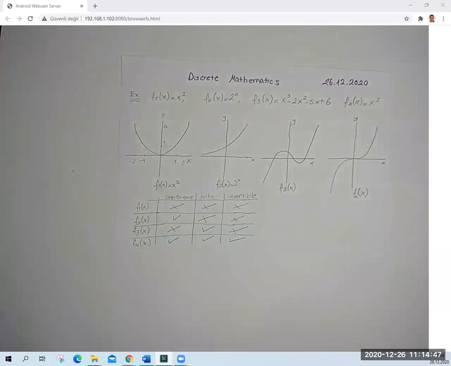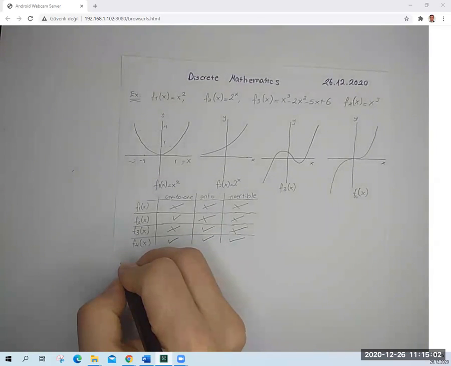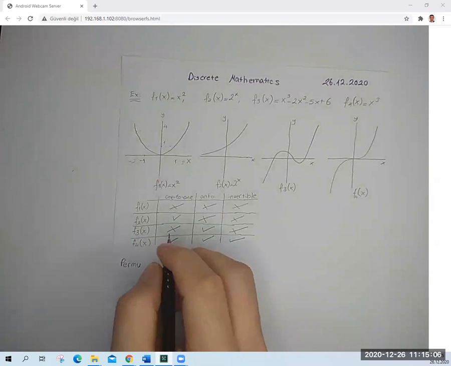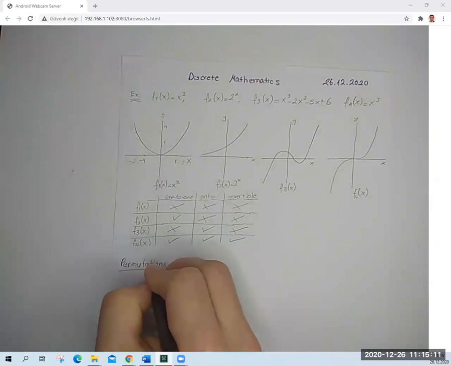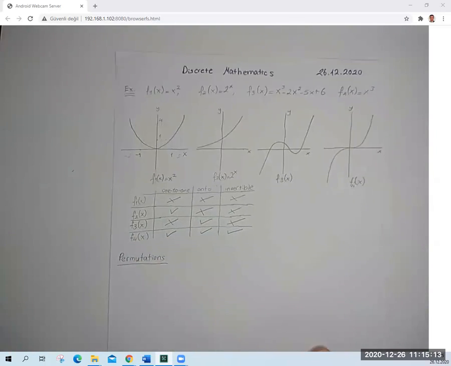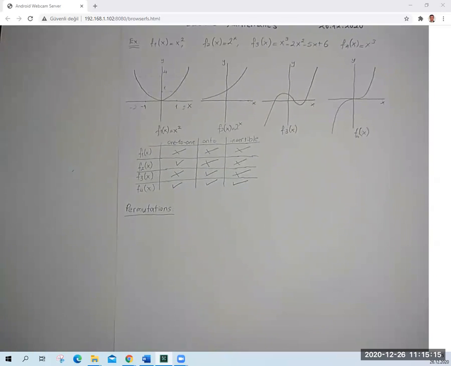Okay, next one. This was the classification of functions by properties. Then different types of functions: permutations.